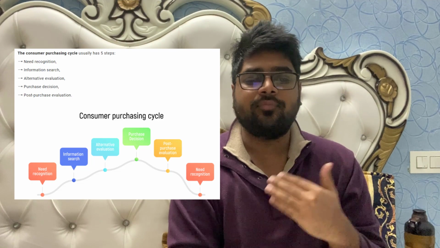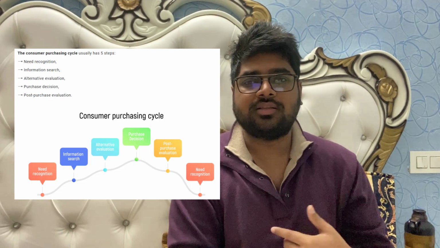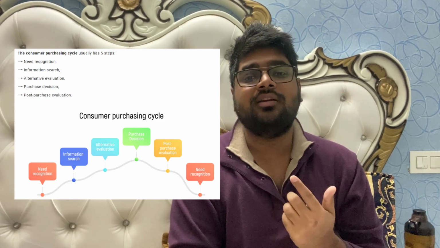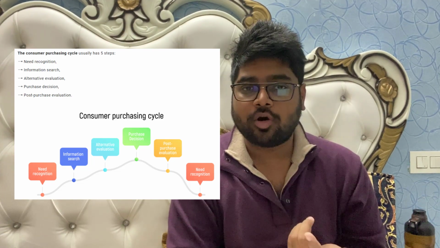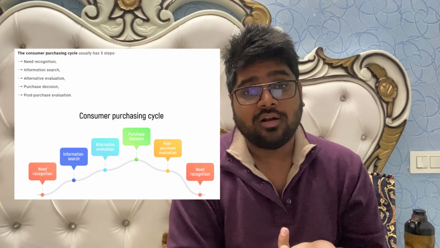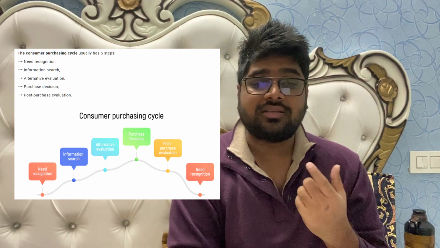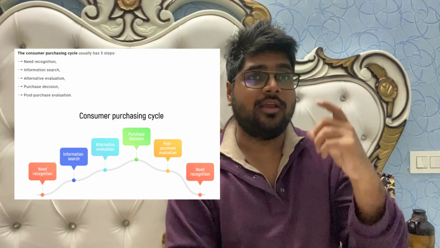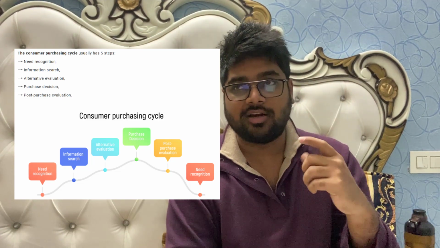The first thing that a consumer does is need recognition. Do I need this product? What do I need this product for? Is it a utilitarian product? Is it a hedonic need? Is it a lifestyle choice? Is it something that I require for my daily needs? That's need recognition.